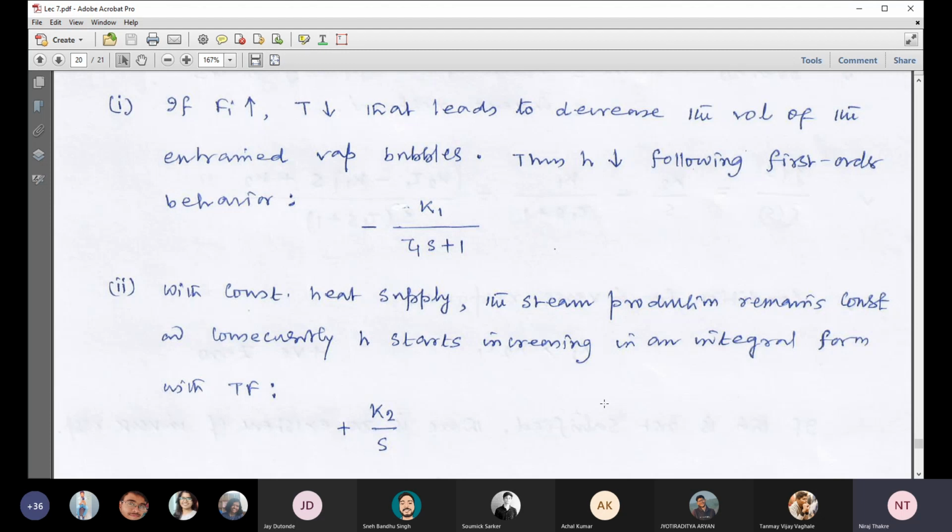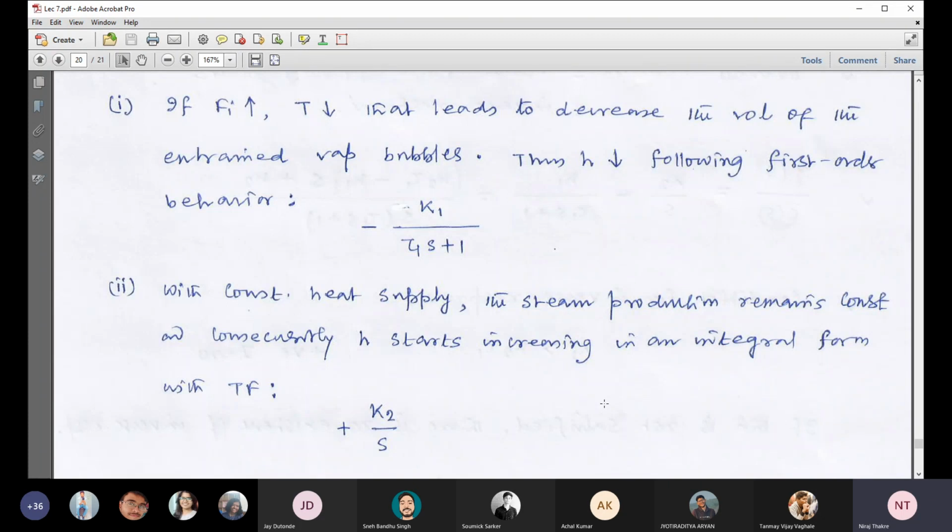Now how it is indicated by this point 2, you see. We are not changing our heat input rate. We are not changing our heat duty to the boiler. So if heat duty is constant, then definitely the steam production remains constant. But we have already increased the Fi, so height will consistently increase.